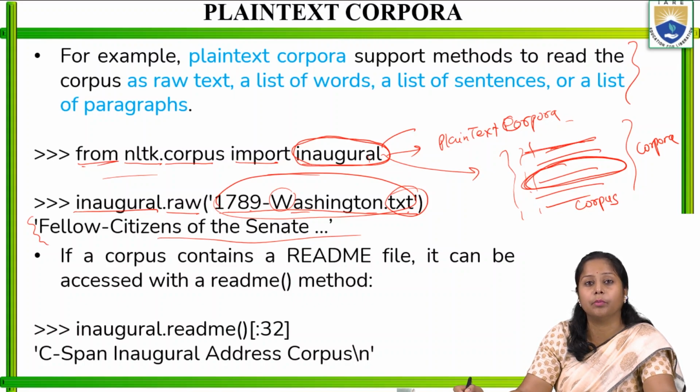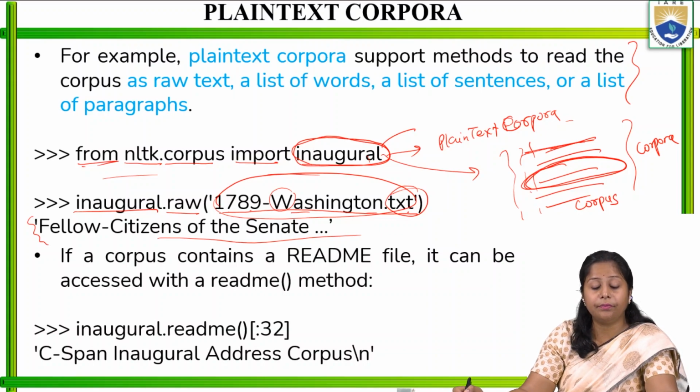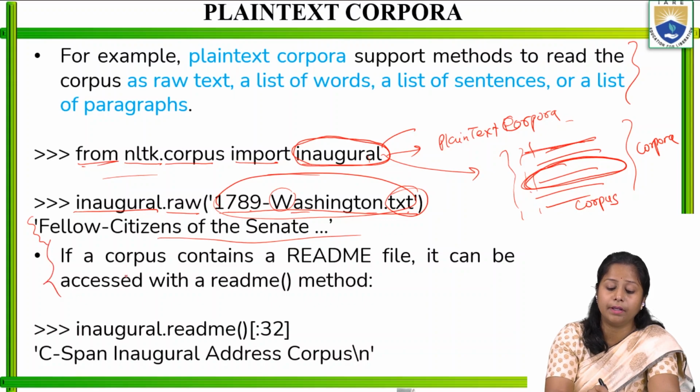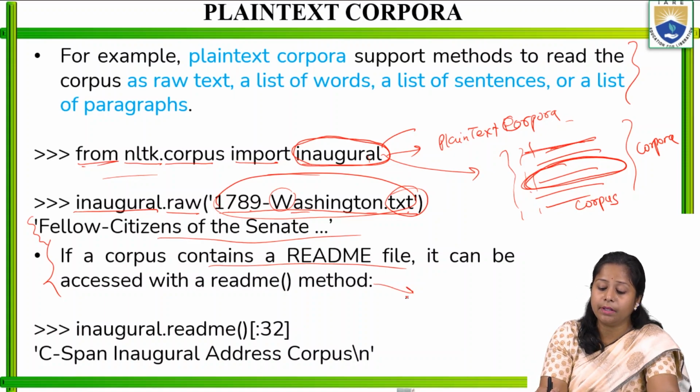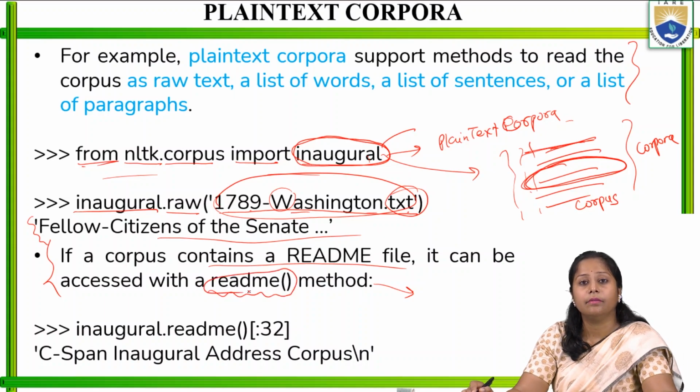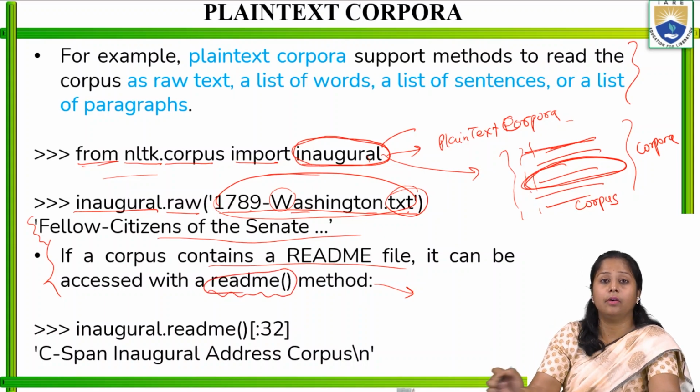So that was how to read the different corpora that are available. Also, if a corpus contains a readme file, suppose along with the corpus there is a documentation file, it can be accessed with the readme method. That is the readme function. By calling that, we can read those. So how to do that?